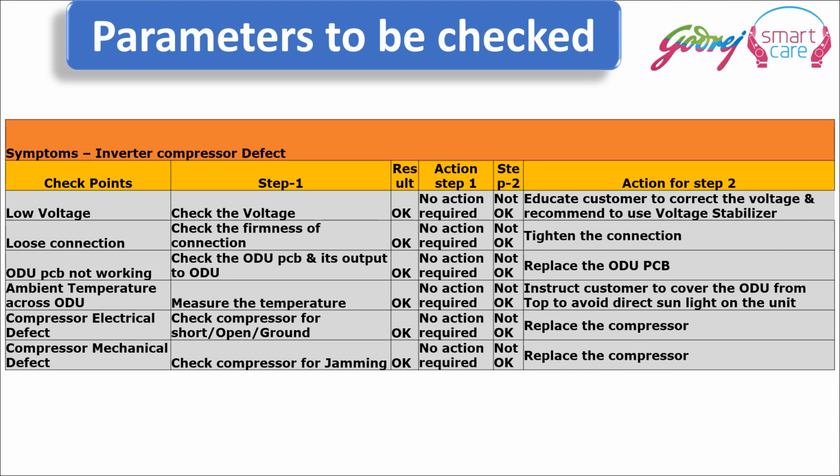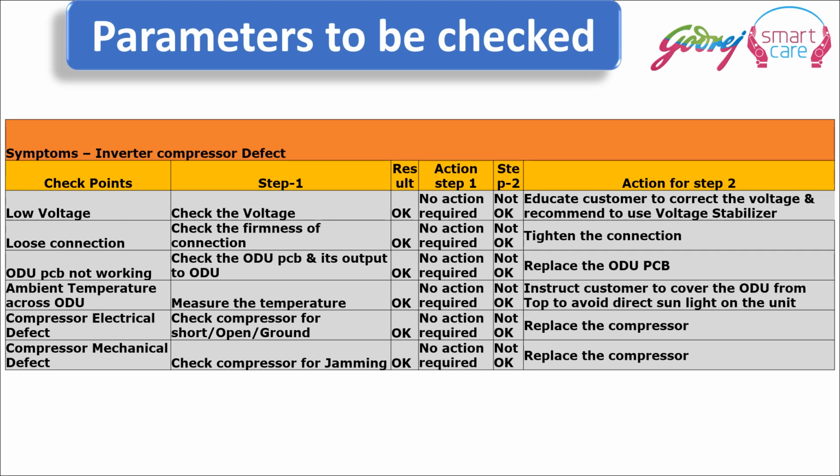In case of outdoor unit PCB not working, we have to check the outdoor unit PCB and its output to the outdoor unit. If the PCB is okay, then no action is required. If there is a problem, we have to replace the outdoor unit PCB. In case of ambient temperature across the ODU, we have to measure the temperature.